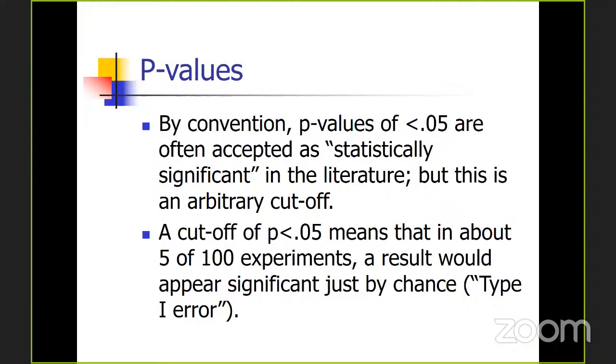It's now been that way for decades, and it could have been a different number, but that's the number that is now used. There have been people who write papers to say it's arbitrary. What if something is 0.06? But at this point, any study that doesn't meet this, we don't ever say it's statistically significant. You can still discuss it in your findings, but you will not be able to say it's statistically significant.